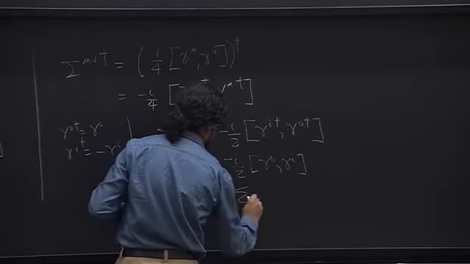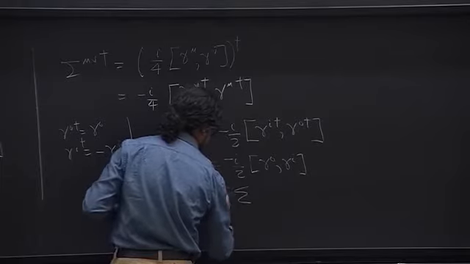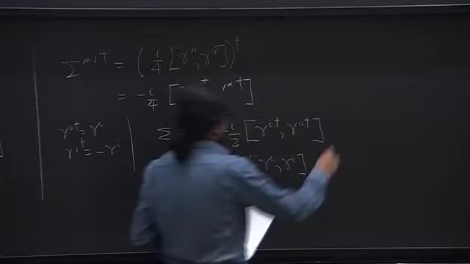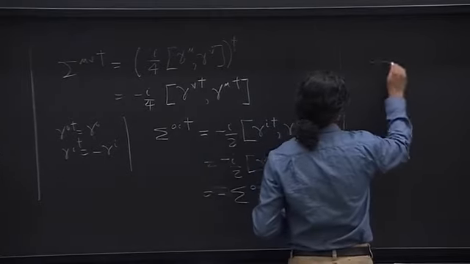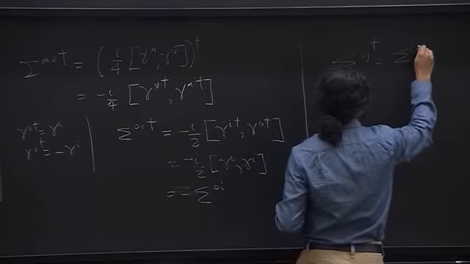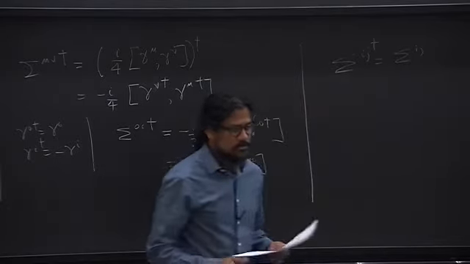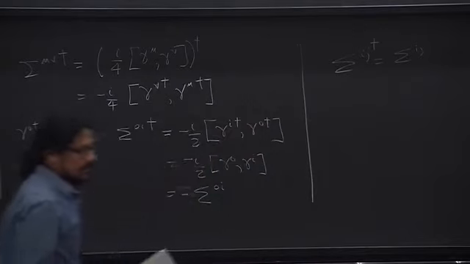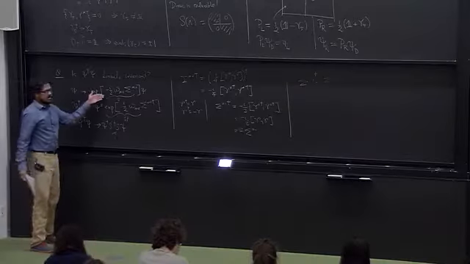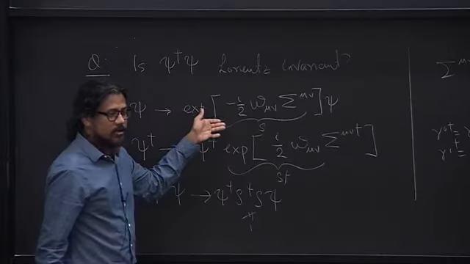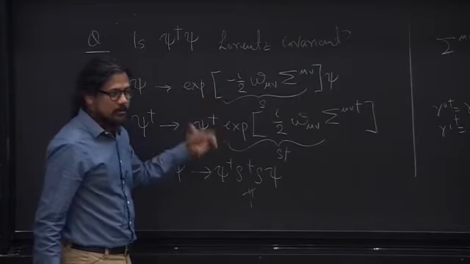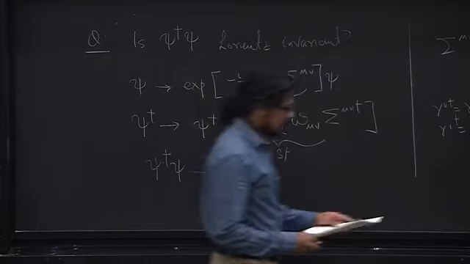So we see that this is equal to minus sigma 0i. Similarly, you can show that sigma ij, the generators of rotation, are Hermitian, but a generic matrix S is not Hermitian. The rotation subgroup is Hermitian, but when you include the boosts, they are not Hermitian. Okay?